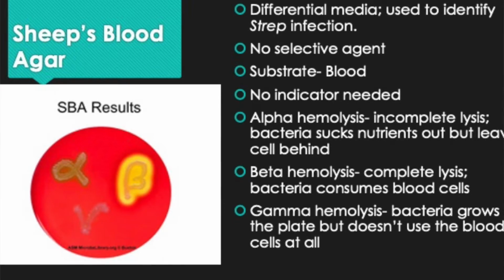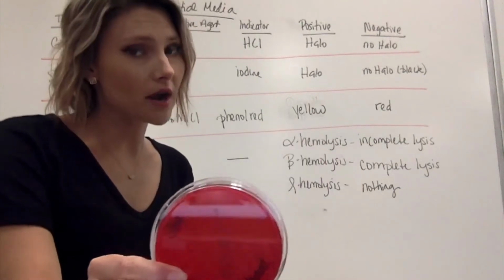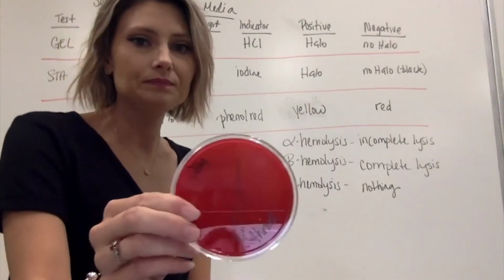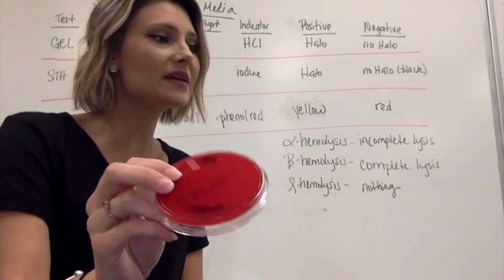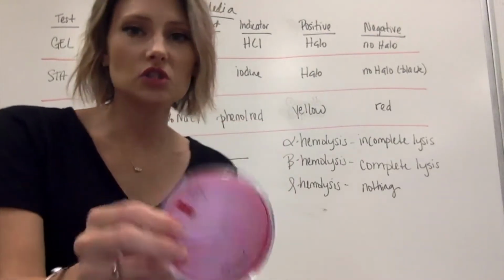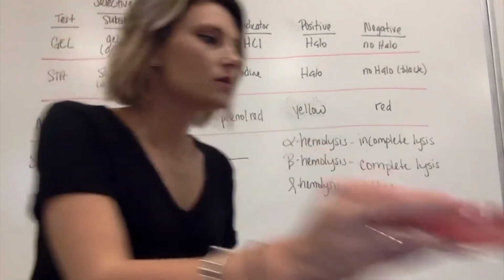So let's talk about what the results are going to look like, because this is what's different about this media. There is no selective agent. So here's our sheep's blood agar, and it's of course red because it has blood in it, okay? So this is basically just TSA, which is a general purpose media, and then blood has been added to it.